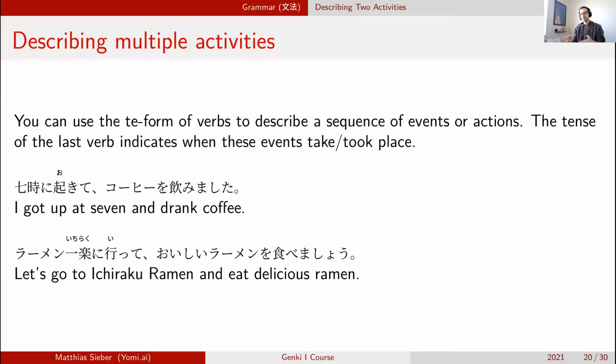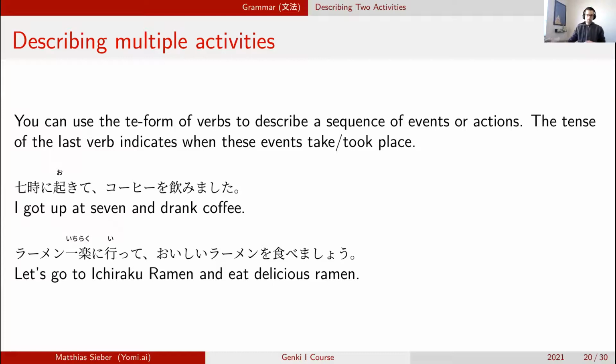So ittekimasu is another example of multiple activities that form one meaning. The kimasu part dictates the tense of the whole phrase. Since it's non-past, ittekimasu means I go and come back. If I say ittekimashita, that would mean I went away and came back, right?